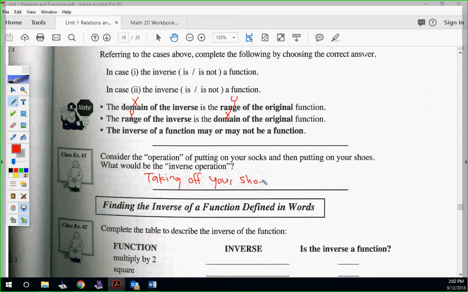And taking off your socks. The reason they do that is to show the undoing process of doing an inverse. You're not just switching a positive, negative. You're not just switching the order. You're switching the entire function. You're undoing the function.